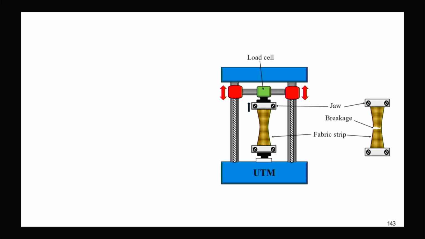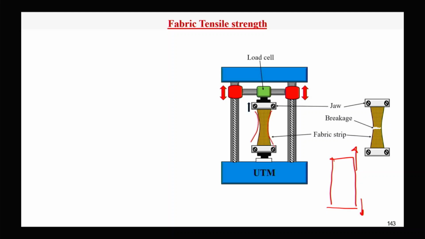Now another tensile testing, that is fabric tensile testing. In fabric tensile testing, we have observed that during tensile loading, initially the fabric is rectangular in shape, but while applying load, during the extension, there is a deformation at the center.